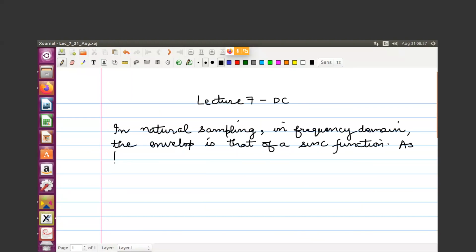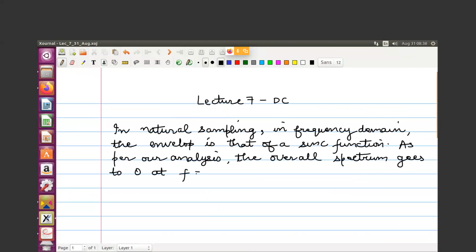As per our analysis, the overall spectrum goes to 0 at f equal to plus minus 3 fs, plus minus 6 fs, and this goes on.